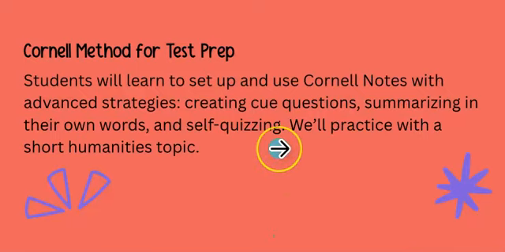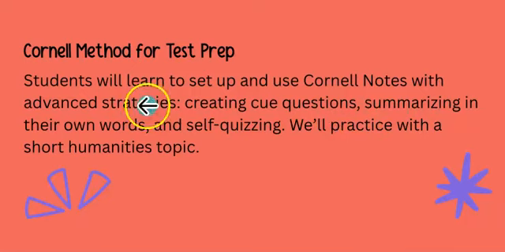Basically, here is what we're going to do in this video. It's an explanation of how you will create your Cornell Notes. You're going to come up with cue questions. So think of it like this. When you're cueing someone, you're signaling to them. So you're going to see how a cue question will end up signaling to you as the student what your notes are about.